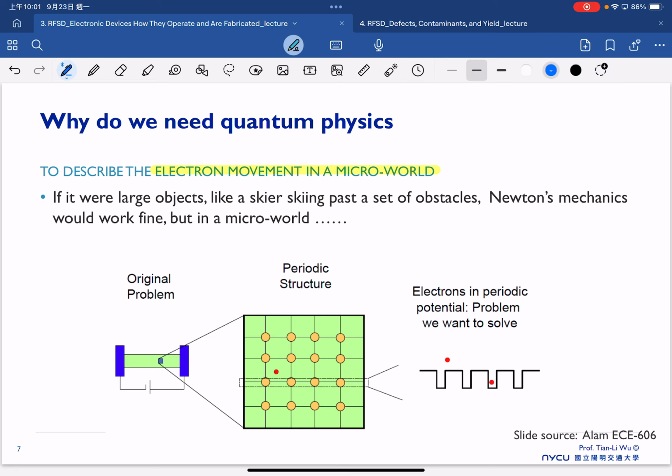The problem we try to understand is this: you have a piece of semiconductor material here.